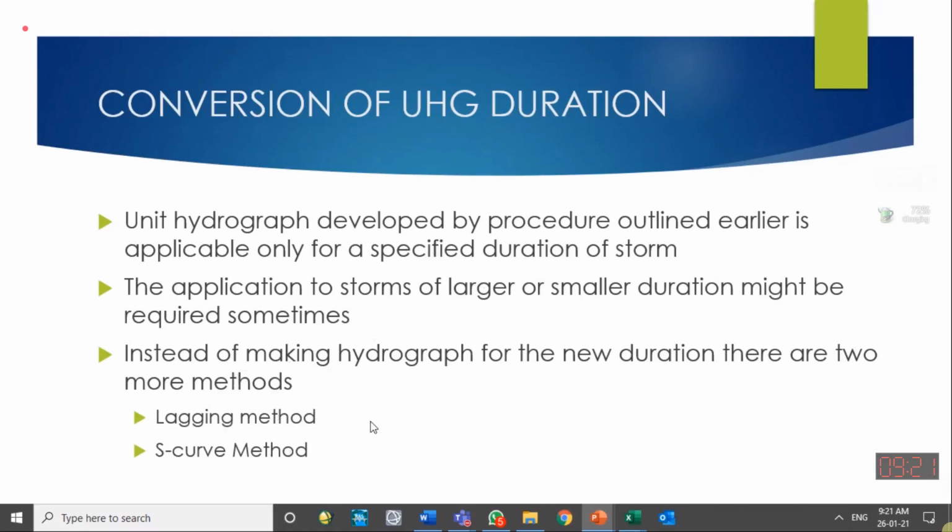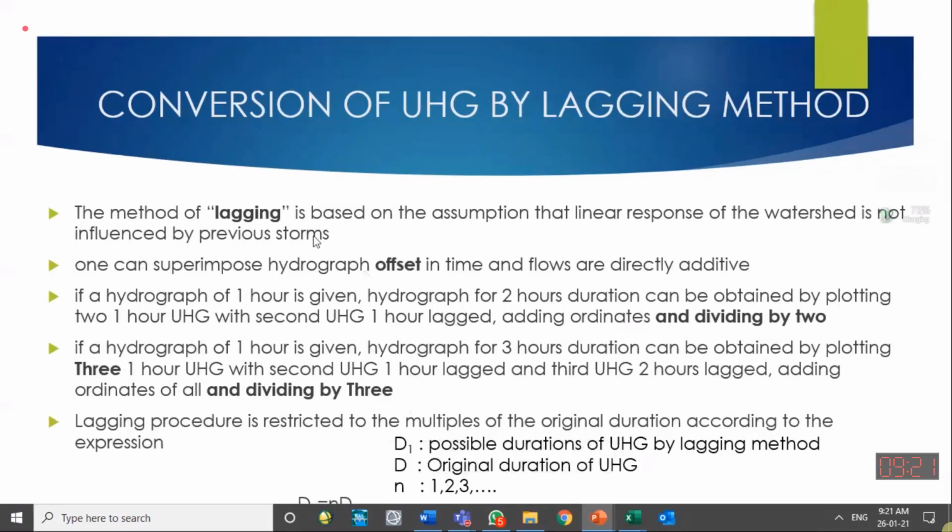We have two methods available. One is called the lagging method, one is called the S-curve method. The lagging method is used when we have to convert a unit hydrograph of a certain duration, already with us, into a unit hydrograph of a duration which is a whole multiple of the original duration.